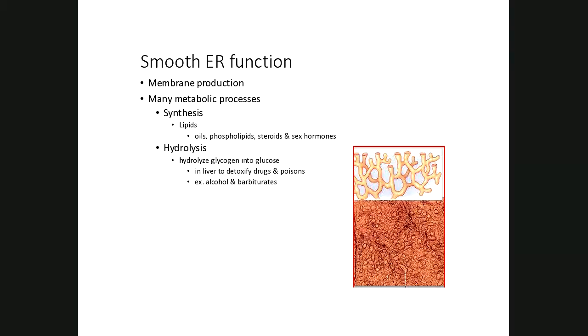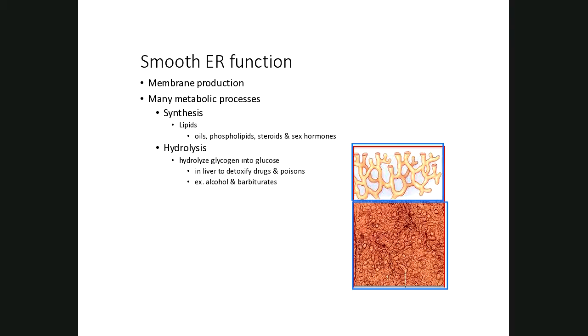So if you look at this image right here, you can see that it kind of looks like pieces of spaghetti that are kind of cut off. And then this is kind of an aerial view of it. So you're looking down on those pieces of spaghetti. So smooth endoplasmic reticulum lacks those ribosomes, hence it's called smooth.